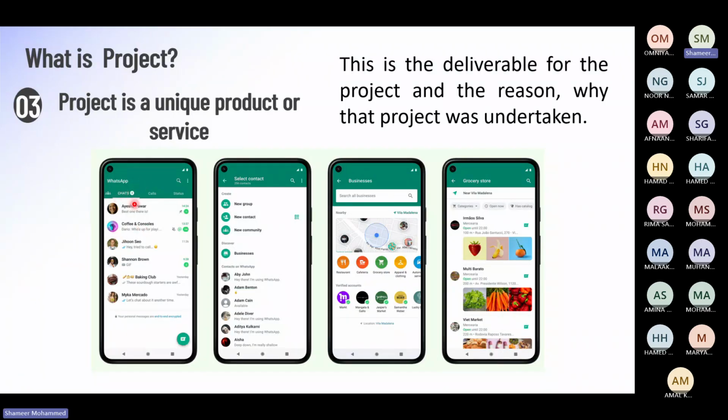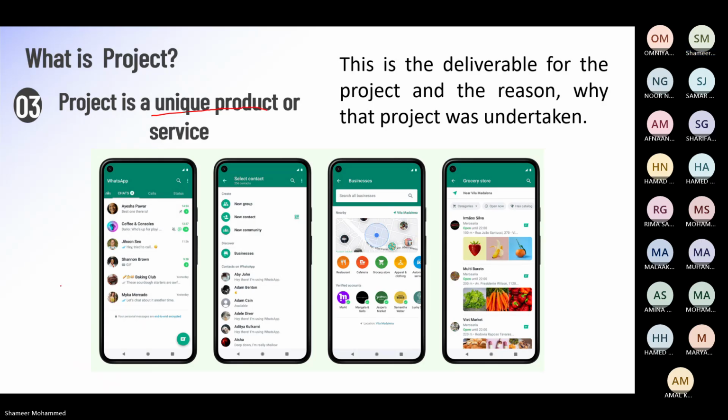Can you tell me what this is? What do you see here on the screen, in this mobile app? We are using this one, no? What is this? WhatsApp. So WhatsApp is what? It's a product, a unique product.